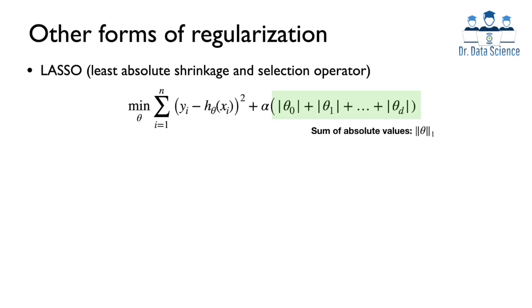Another thing to keep in mind is that there are different forms of regularization. Previously, we talked about the case where the regularization term was basically the sum of the squares of the parameters, but here you can see that we have the sum of the absolute values.